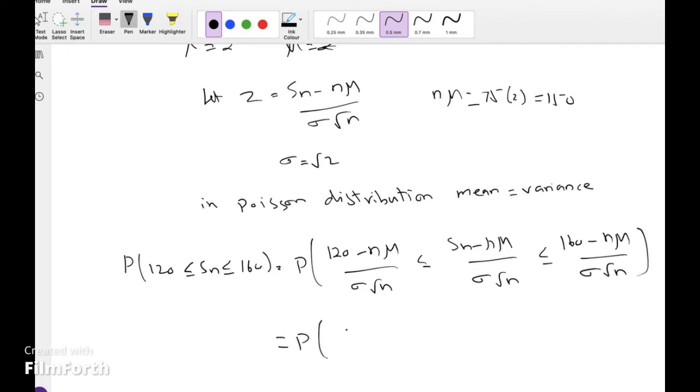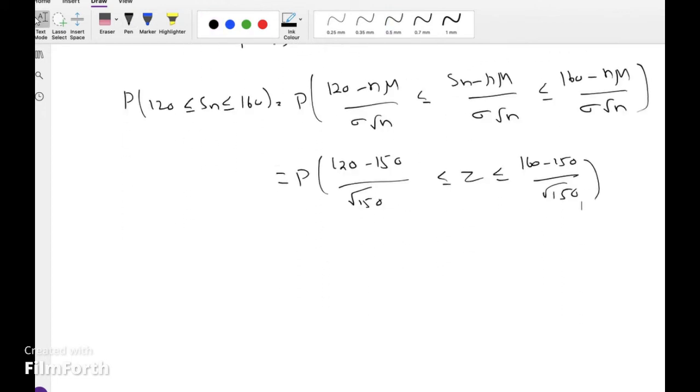That is equal to the probability of 120 minus 150 by sigma into square root of n. Sigma is square root of 2 and n is 75, so square root of 150, less than or equal to Z less than or equal to 160 minus 150 divided by square root of 150.